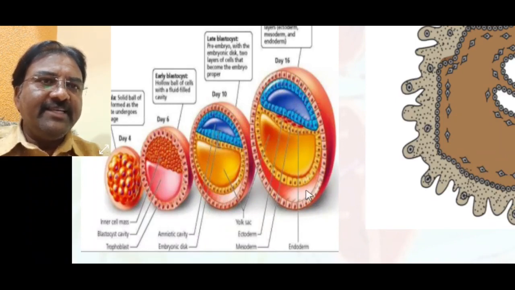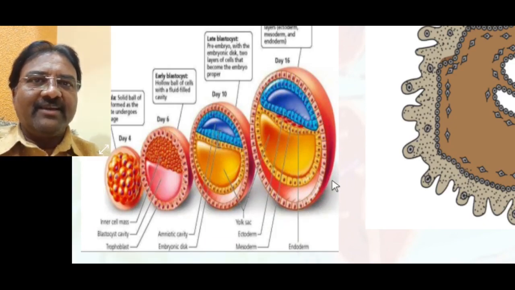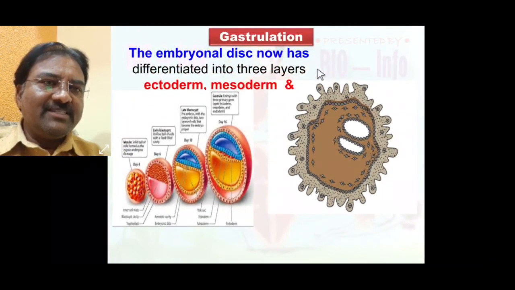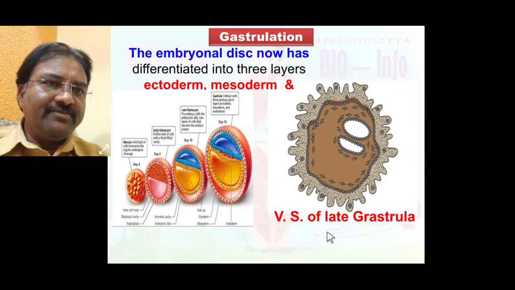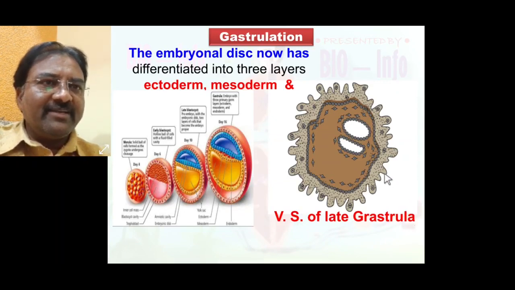Seen are all three germ layers: this one is endoderm, inside here is mesoderm, and this is ectoderm. Now this complete structure of the gastrula is known as VS of late gastrula.